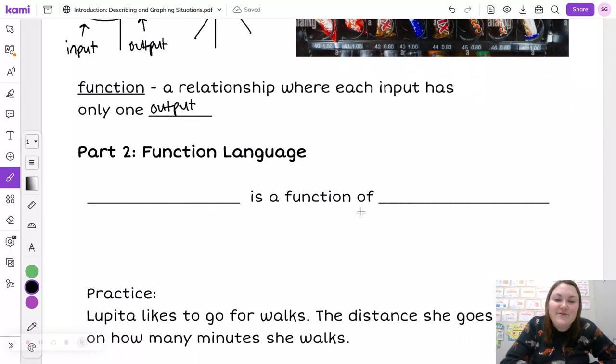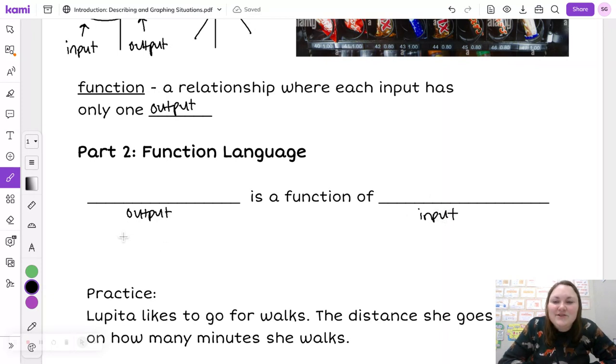And when you see those words, is a function of, it's important we understand the way that sentence is written. When you see those words, what comes before those words is always going to be your output. And what comes after those words is always going to be your input.